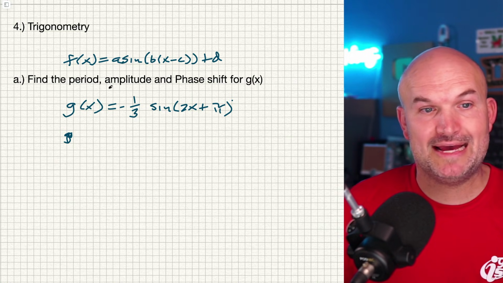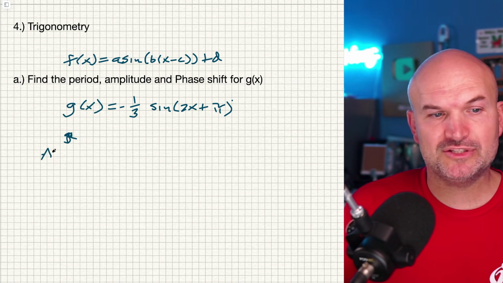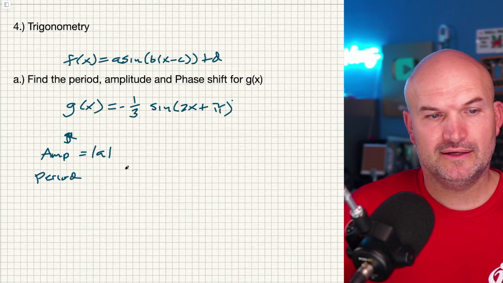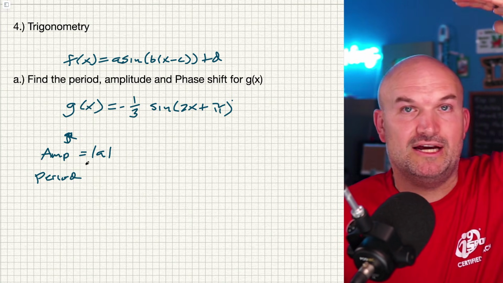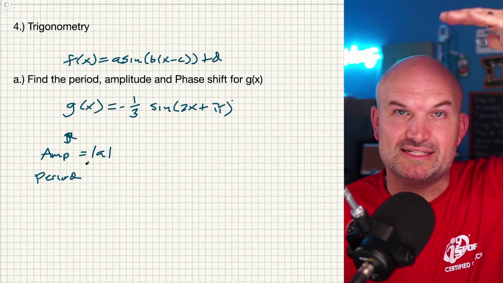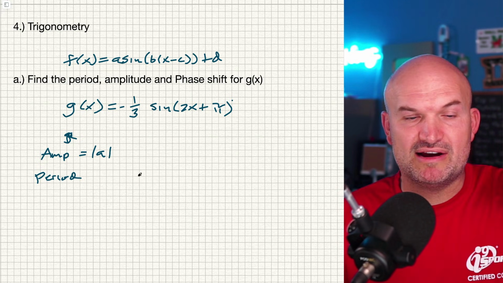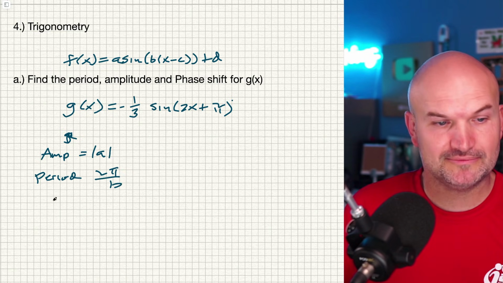Now, when we're talking about amplitude, period, and phase shift, let's go over it. The amplitude is simply going to be the absolute value of a. The amplitude is the half distance from the max and the min of your vertical points on your graph. The period is going to be how long it takes the graph to repeat itself, so that's going to be 2 pi divided by b.